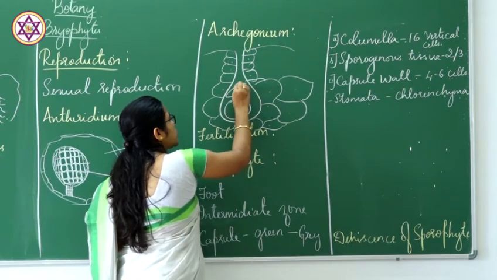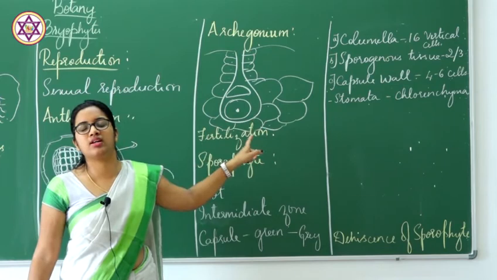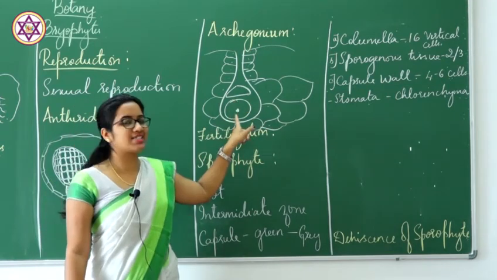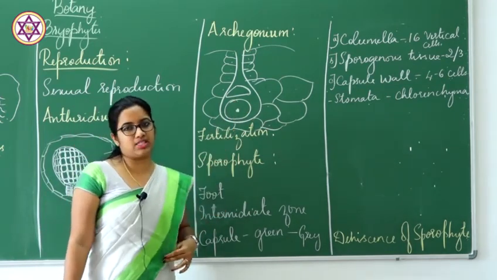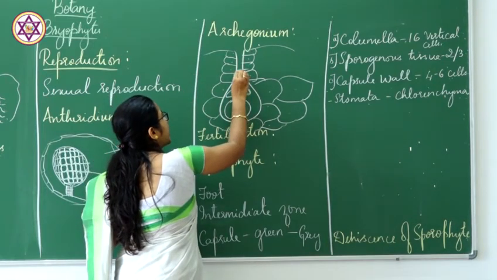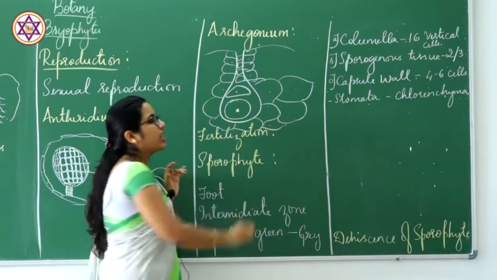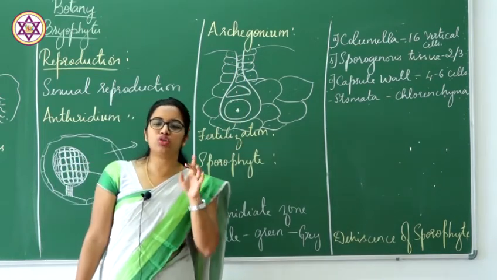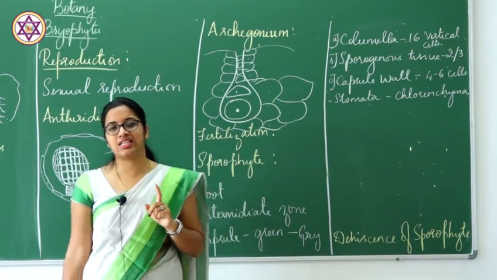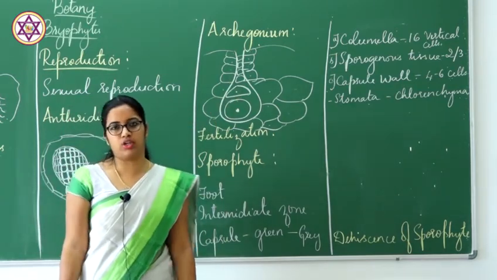The swollen tip is called the venter, and inside this venter you will find a venter canal cell and an egg. Above this venter canal cell you will find neck canal cells.